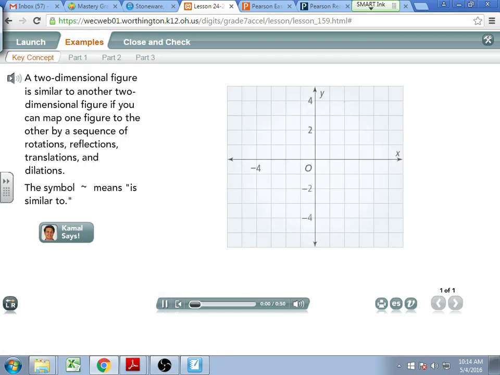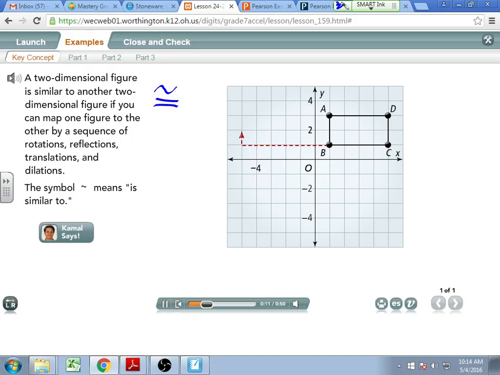So we know that this cool little squiggly symbol means it is similar to, because before for congruence, we used the equal with the squiggly, which means it is similar and it is the same, which means it's congruent. If we only have the squiggly, then we only have similar.